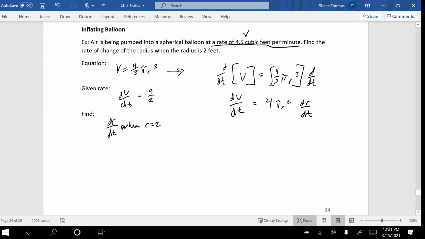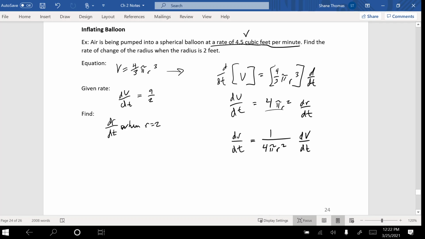All right, now which one am I looking for? I'm looking for dr/dt, correct? So I'm going to have to divide both sides by this, correct? Divide both sides. So I'm going to end up with dr/dt equal to 1/(4 pi r squared) times dV/dt.